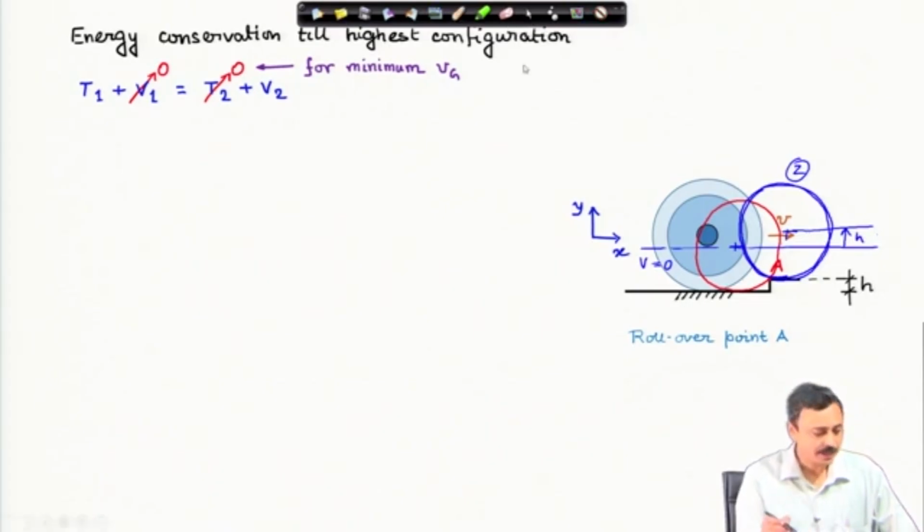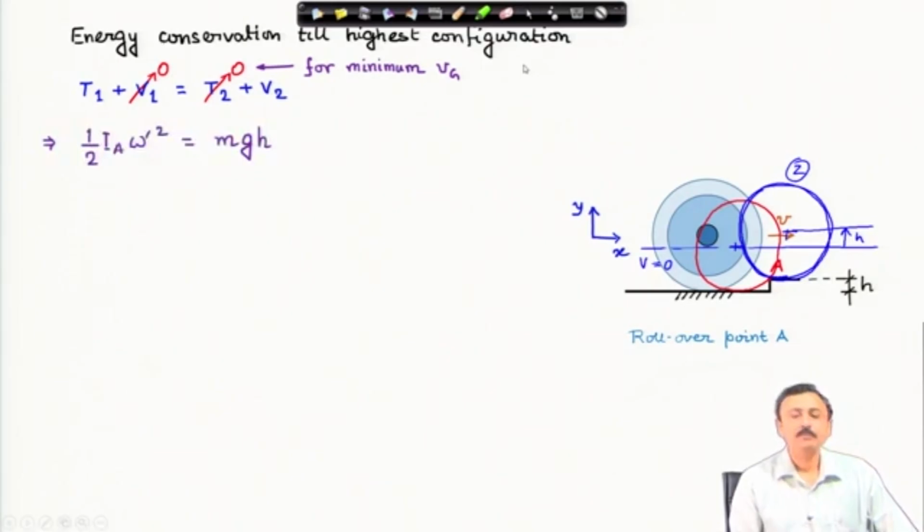Let us proceed with this calculation then. We know that the kinetic energy can be written as half IA omega prime square. It's considered to be hinged at A. Therefore, I can write kinetic energy as half IA omega prime square. This is in state 1, and that is equal to the net potential energy in state 2. The whole kinetic energy is getting converted to potential energy, and that is mgh.